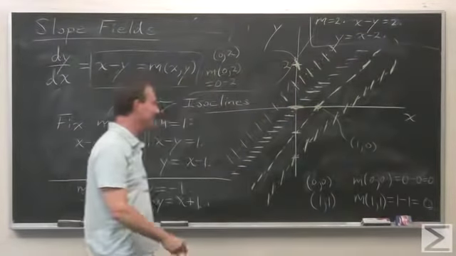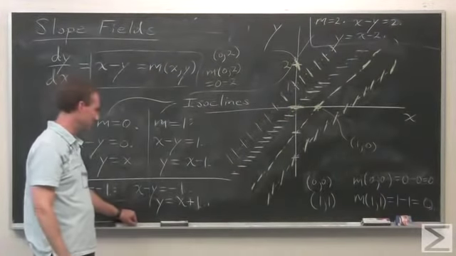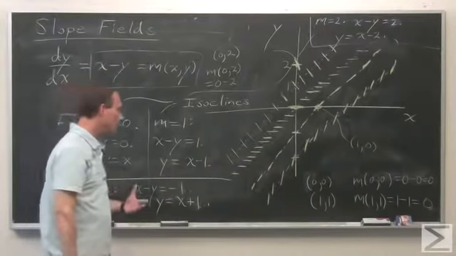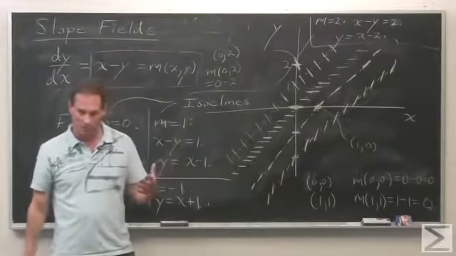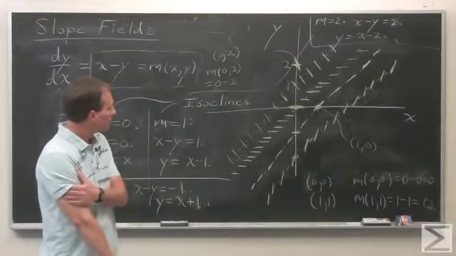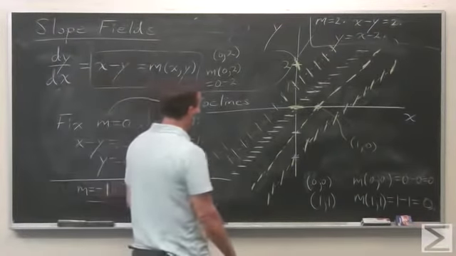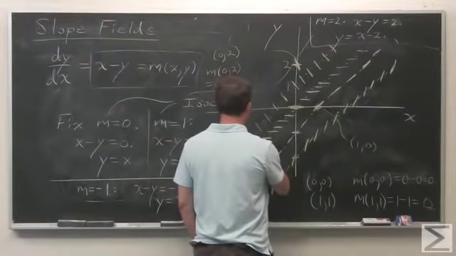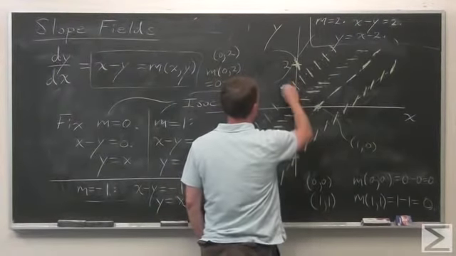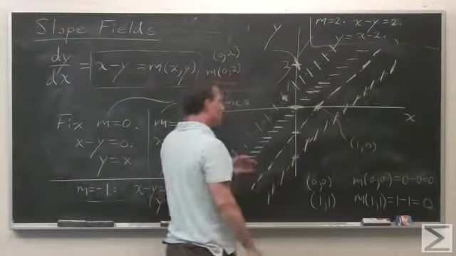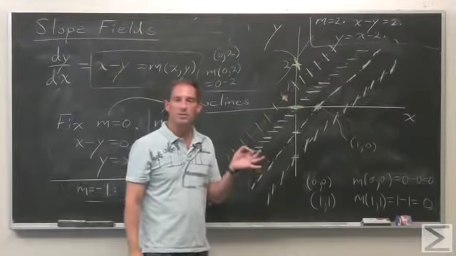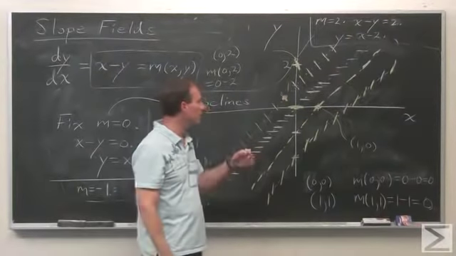Okay, what do you do with this? You can try to sketch solution curves now. We really don't have enough lines in our slope field, but hopefully you can see that if you started with a curve here, that means you're given some initial data.